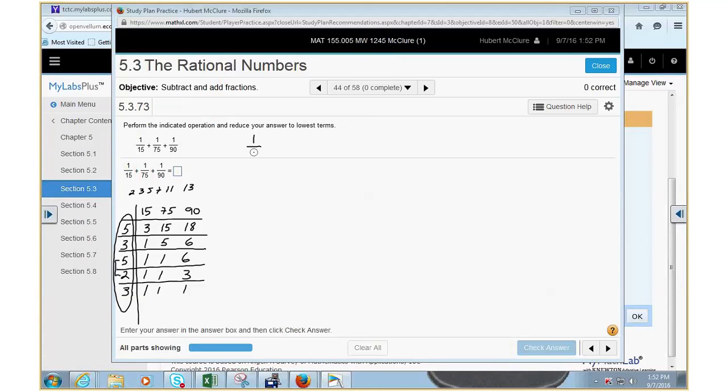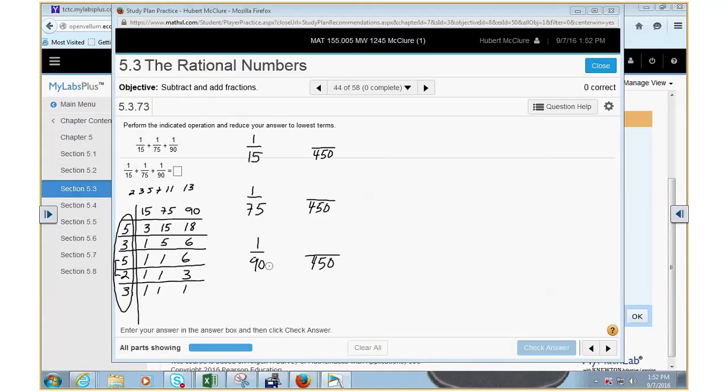1 over 15, 1 over 75, and 1 over 9. Common denominator is whatever I said it was, 450, 450, and 450.